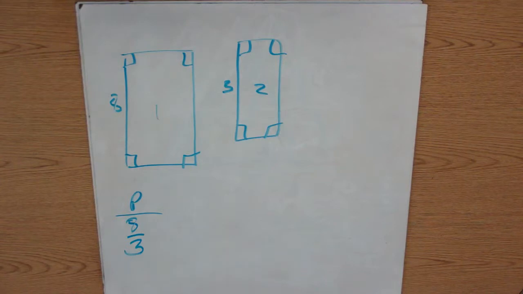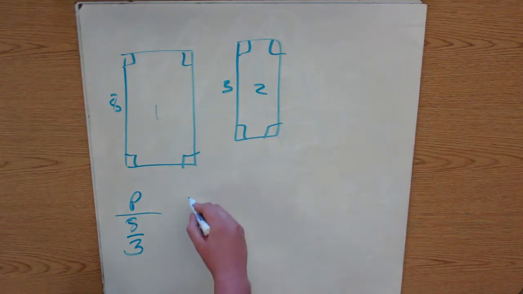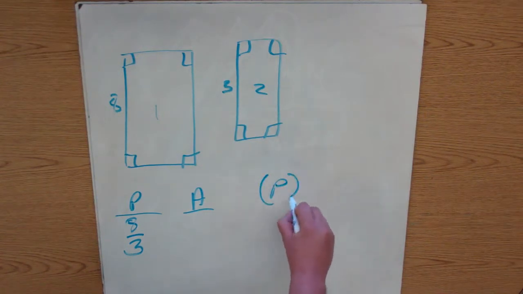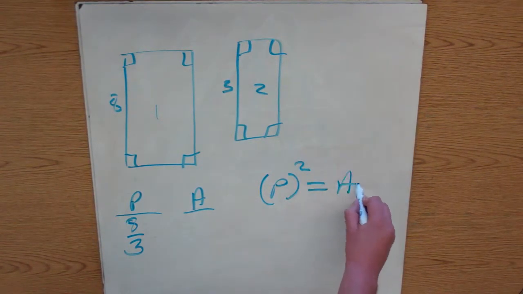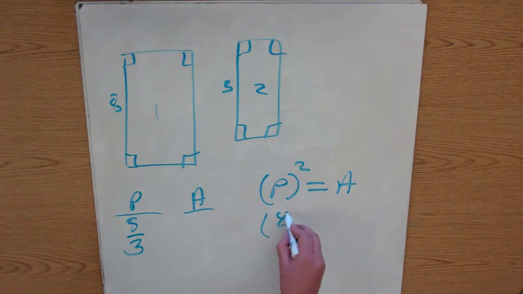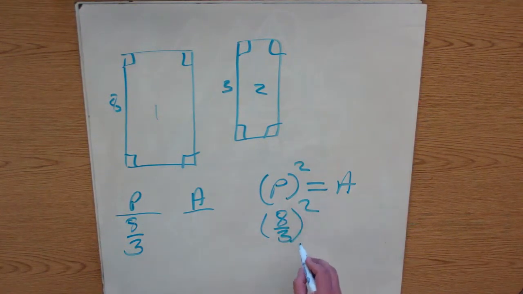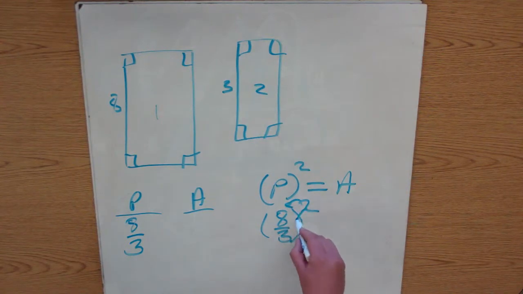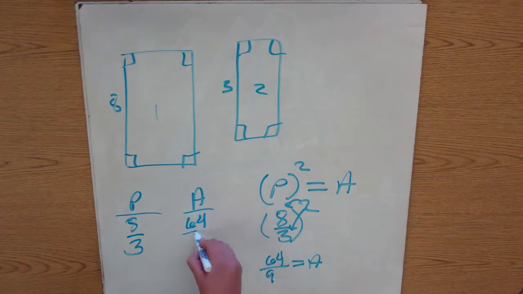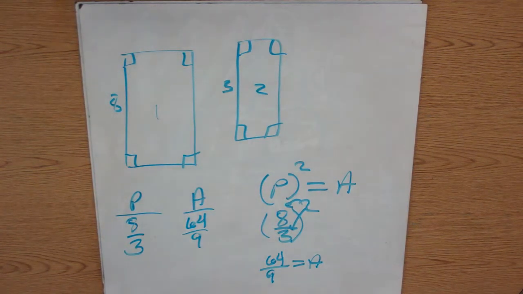Okay? Now, to get to the area ratio that they're talking about in this problem, we're going to take the perimeter ratio, square it, and that equals the area ratio. So we're going to do 8 thirds squared. Remember, when you square a fraction, you square the top and the bottom individually. 8 squared is 64, 3 squared is 9, and that is our area ratio. 64 over 9.